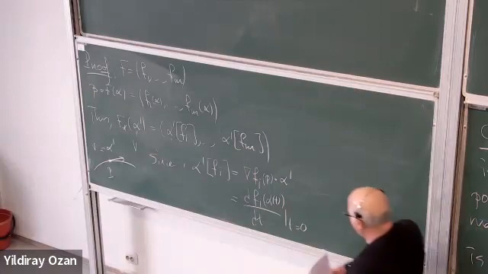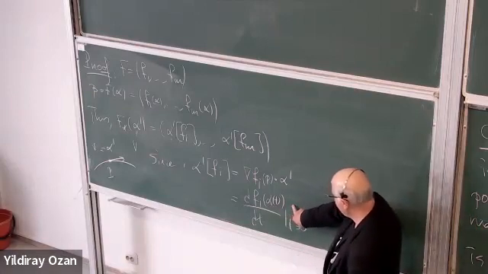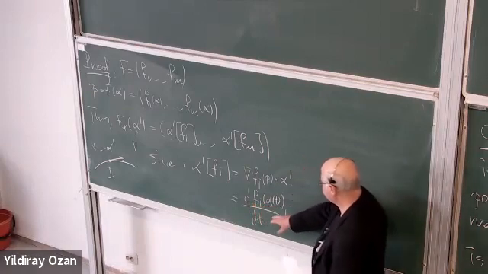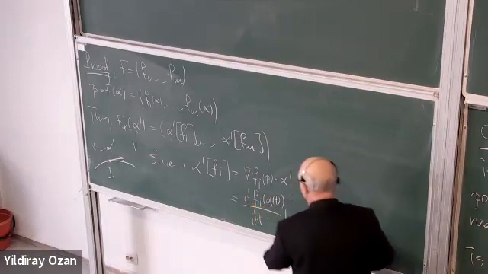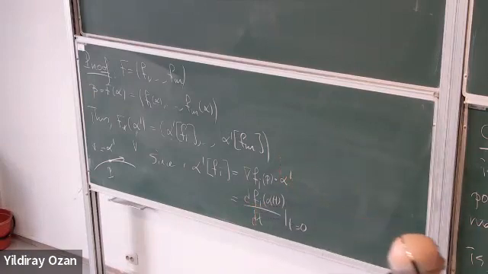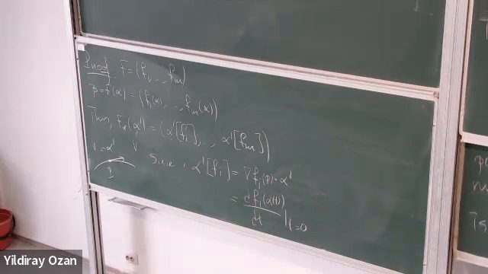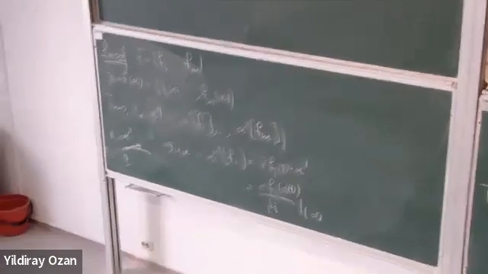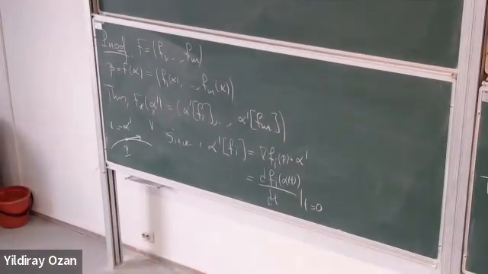If you take the derivative of this, what is this? Derivative of fi of alpha t with respect to t. We have done that computation over here.